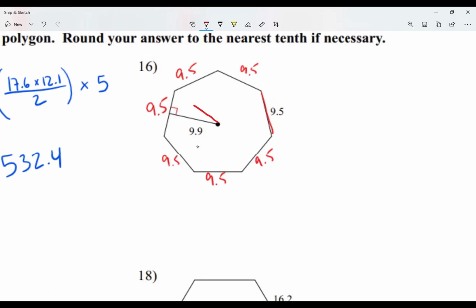And then I broke this into a triangle here. Let me highlight it. So basically I have a bunch of triangles. If you count them, there's actually 7 triangles because the figure had 7 sides to begin with. So there are 7 triangles.